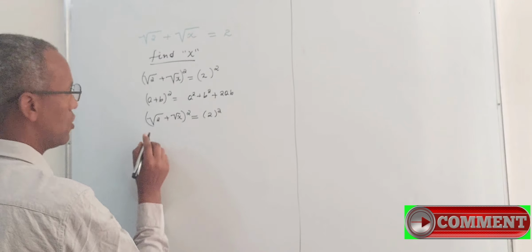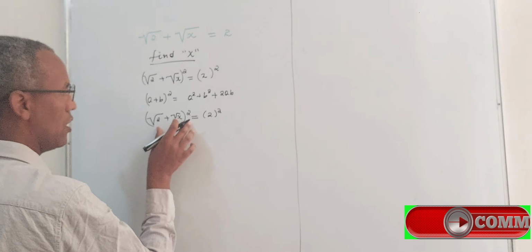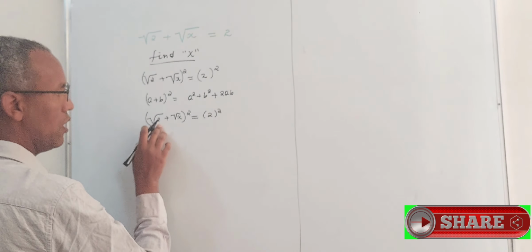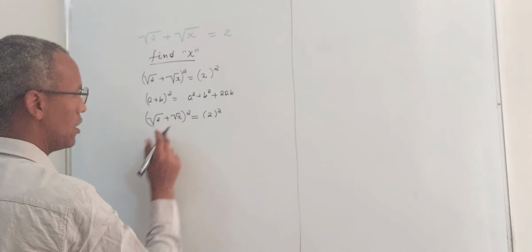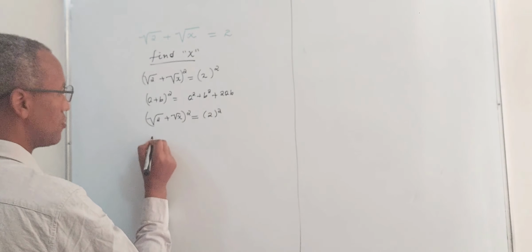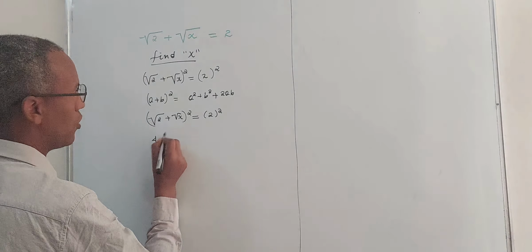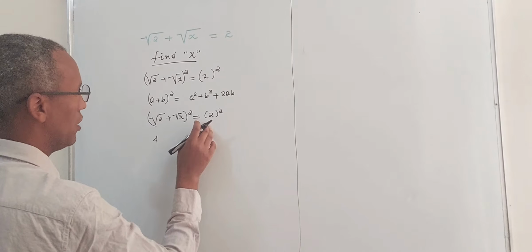So now when you take the square of this, the square root of 2 squared as well as the square root of x squared, you will get 4.